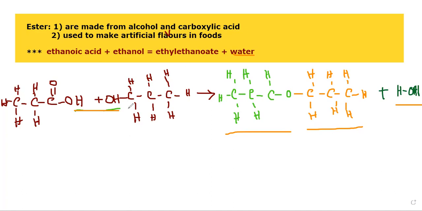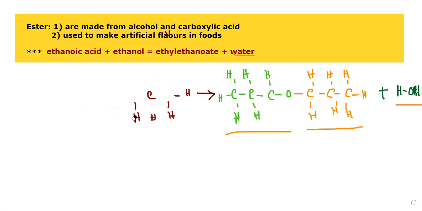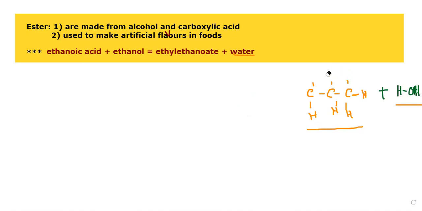Now we are going to see the naming of the esters. So I am erasing everything. I hope after coming to know about ethyl ethanoate and propyl propanoate, naming of the esters will be pretty much simple for you.